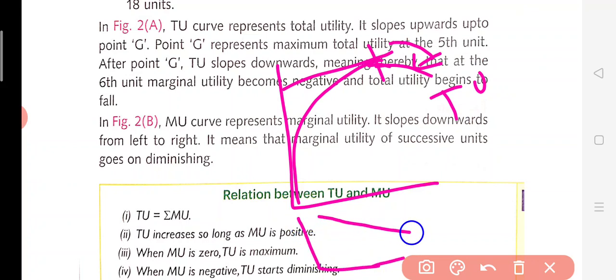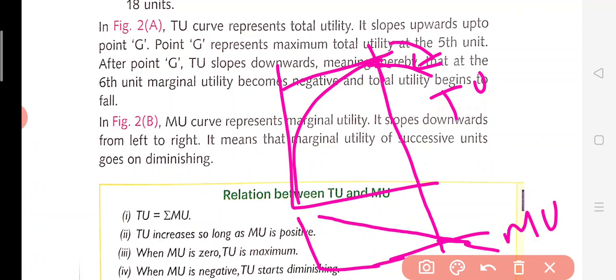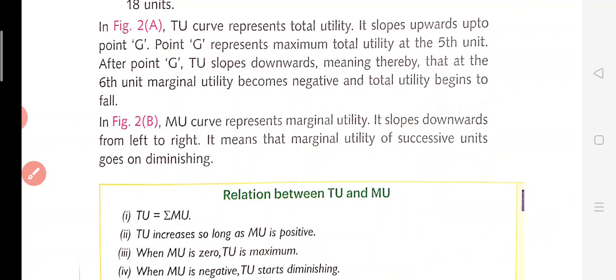It was cutting this line somewhere, and this marginal utility line will be moving like this. So this is the point where MU was 0 and TU was at its maximum level. After this, the sixth unit, the total utility begins to fall.